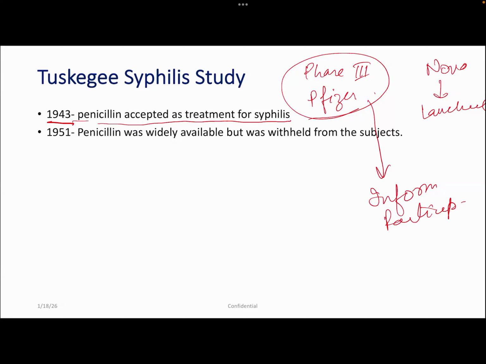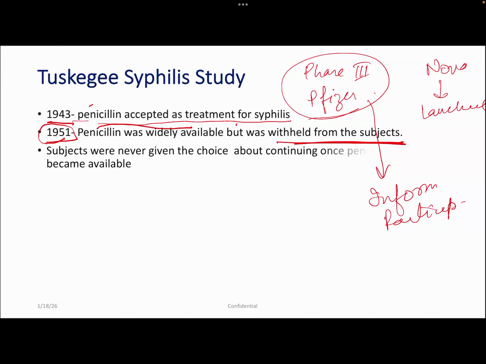But here, neither did they inform, nor did they give them a treatment. More importantly, in 1951, penicillin was available globally. Still, all these participants were not given any treatment, nor were they given any choice. Like now, I'm saying that by law you have to give a choice, right?